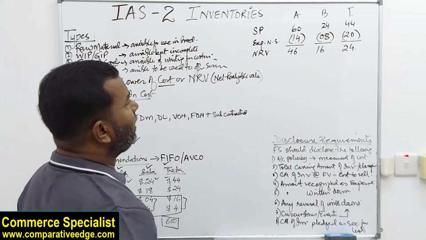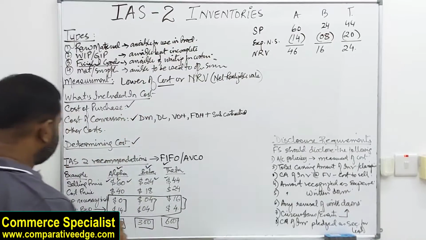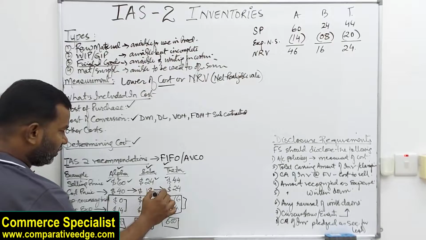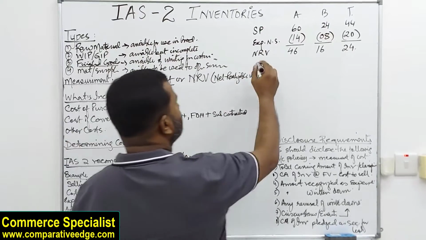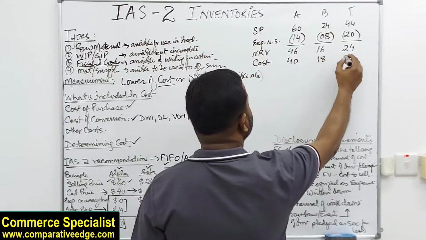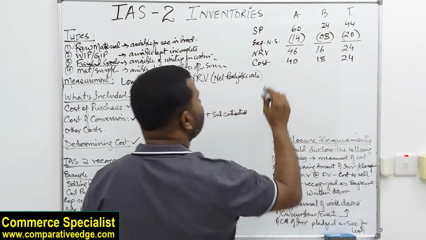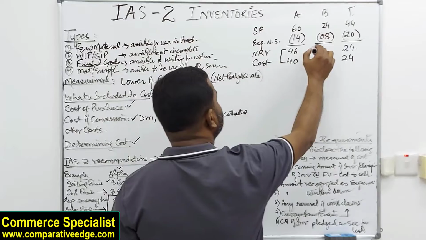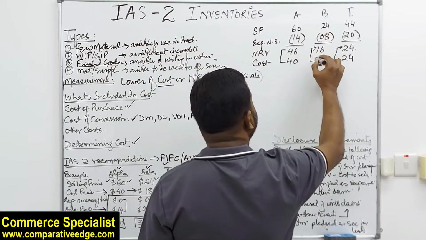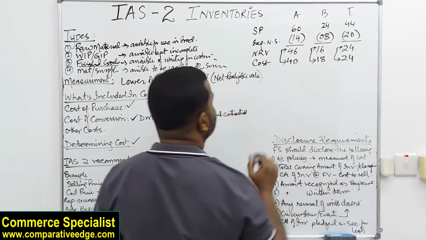So we have NRV. The next step is to compare it with cost. Cost is given to us here: 40, 18 and 24. What we have to do is compare the cost with the NRV, and obviously we have to take the lower.